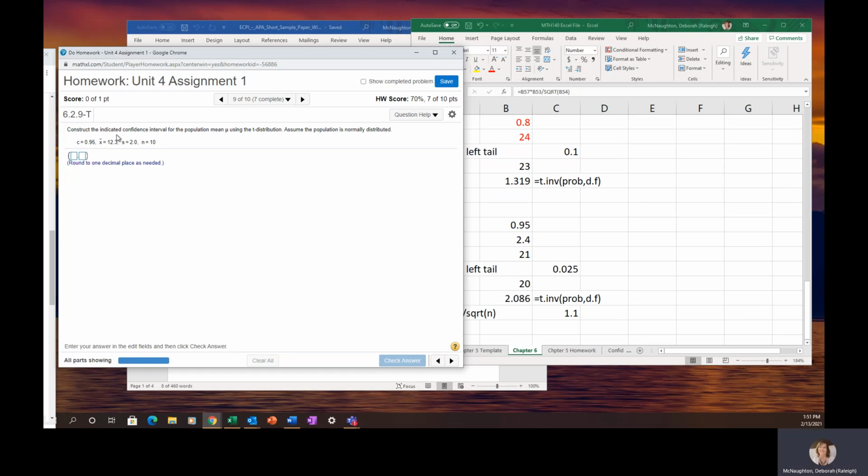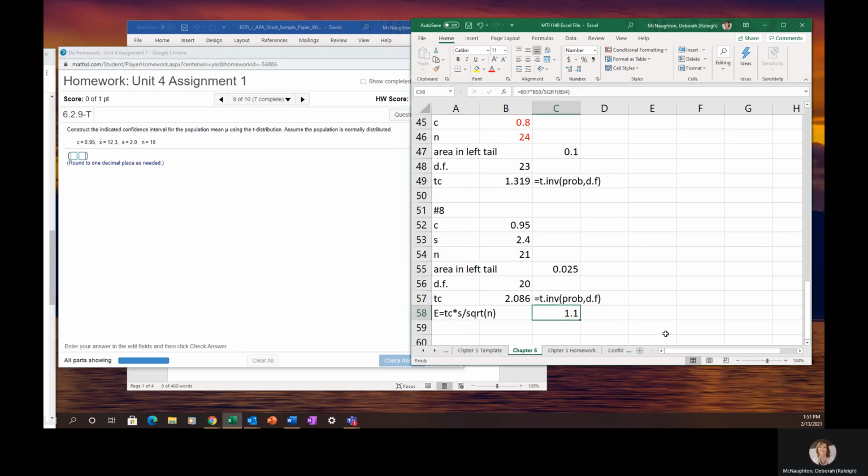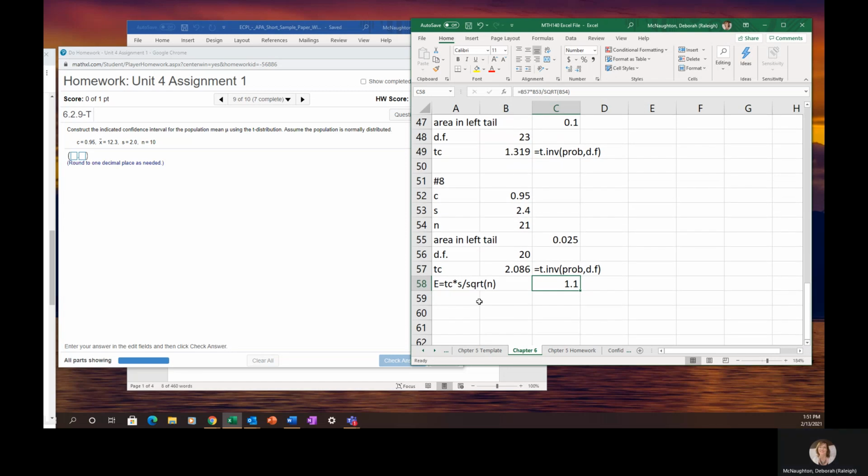Okay, and then this next one wants us to construct a confidence interval for the mean using the t distribution. So I'm just going to copy this.